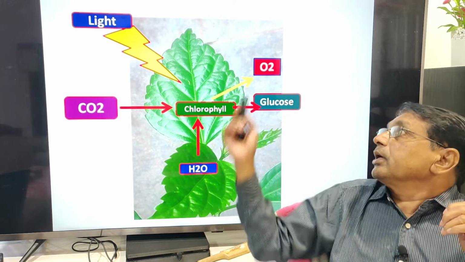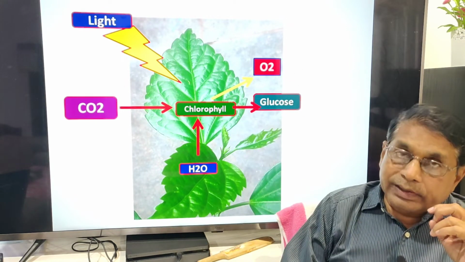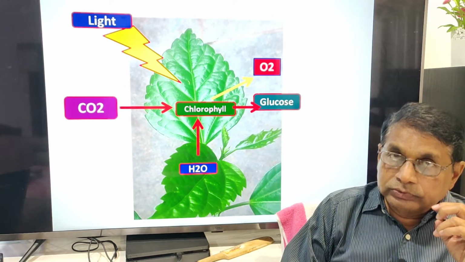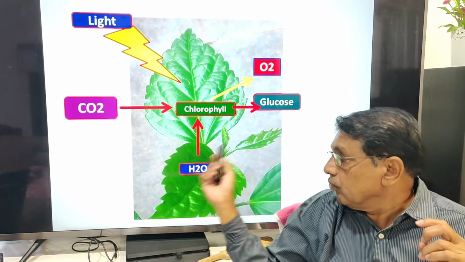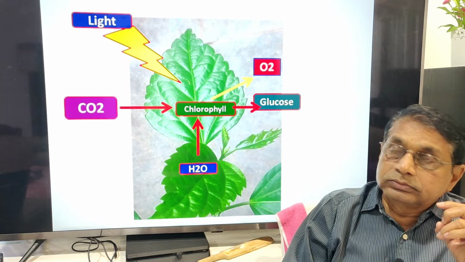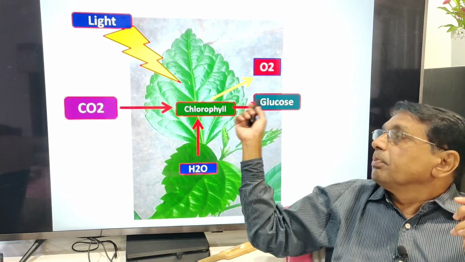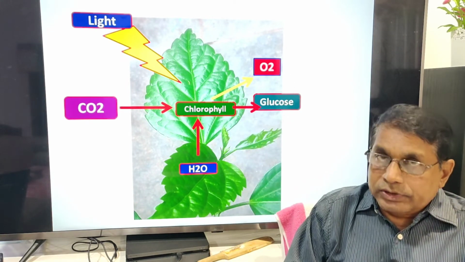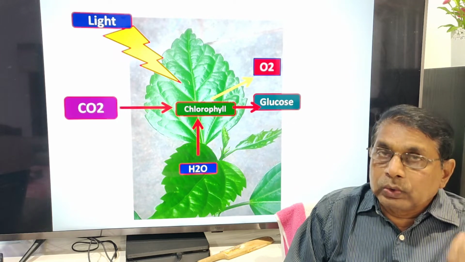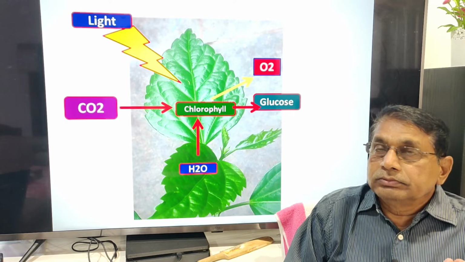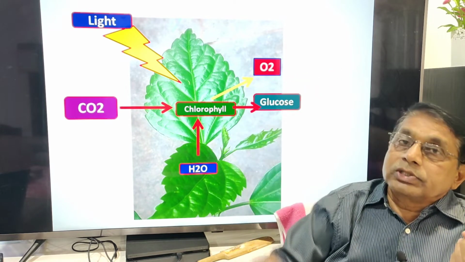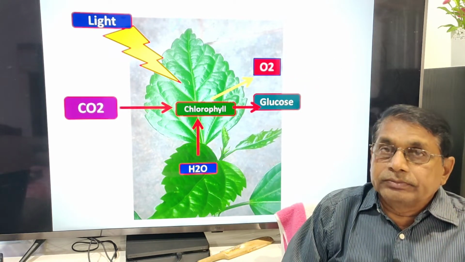At the same time, oxygen is also released. So these are the requirements: light, carbon dioxide, chlorophyll, water, and these are the products, byproducts. Glucose, a carbohydrate, energy-rich molecule, and oxygen, an oxidant.